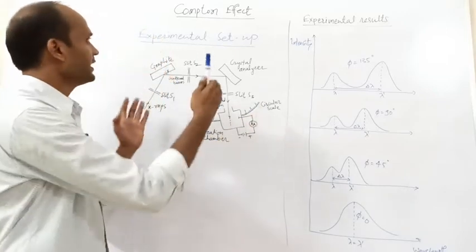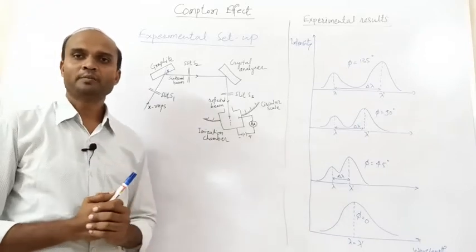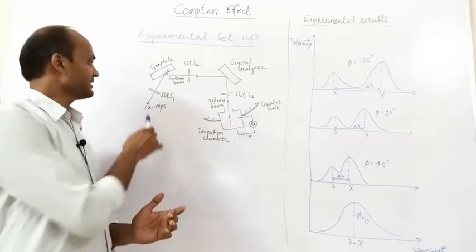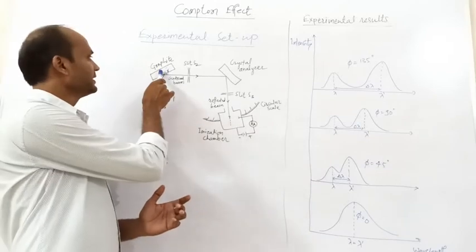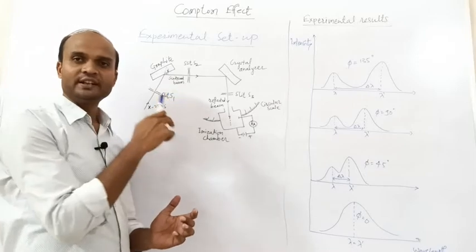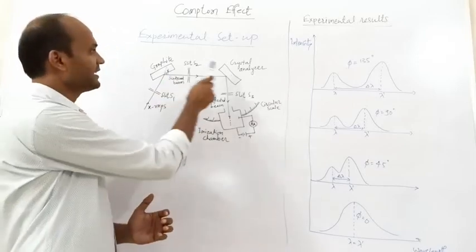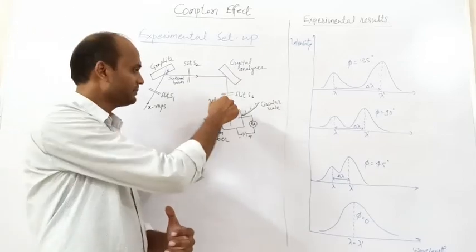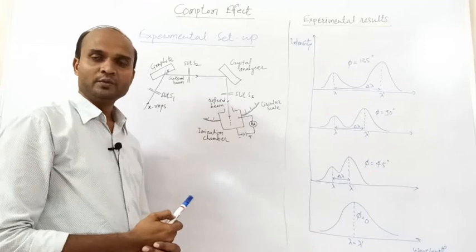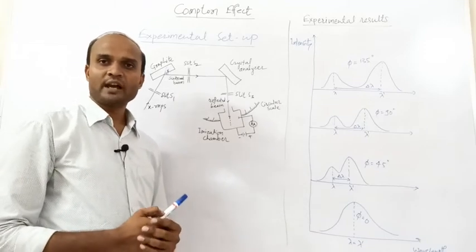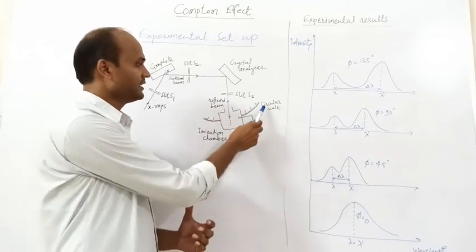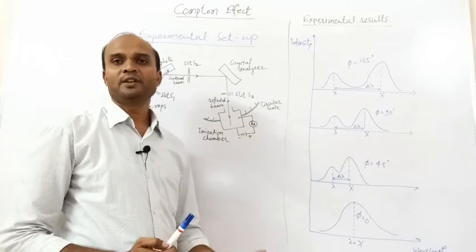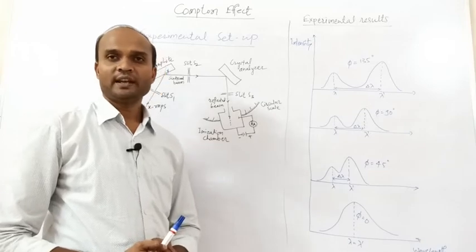So this is the experimental setup of the Compton effect. X-rays from the X-ray tube are incident on graphite. Here they get scattered. Scattered rays are incident on the crystal analyzer, where the beam is reflected. The reflected beam enters the ionization chamber, which is filled with a gas, and produces ionization current. The ionization current is measured with a microammeter and gives the intensity of the X-rays.